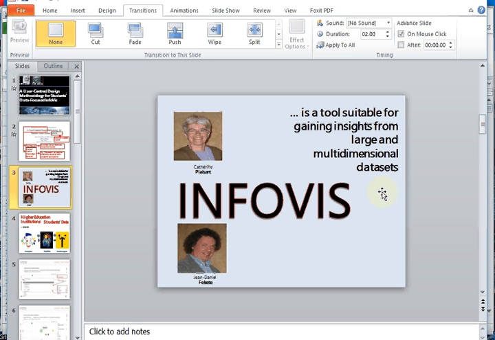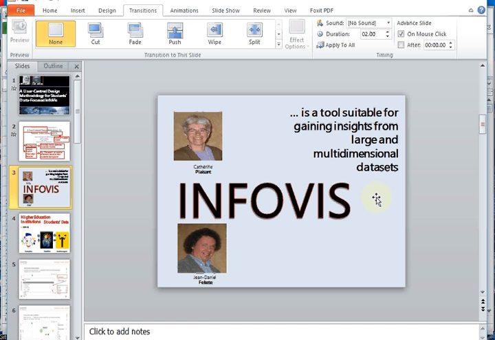InfoVis combines techniques, the analytical techniques, with the user interaction techniques, with the visualization techniques. So this is why InfoVis becomes a more suitable tool, because it doesn't ordinarily utilize only the analytical techniques, which is traditional to decision support system.